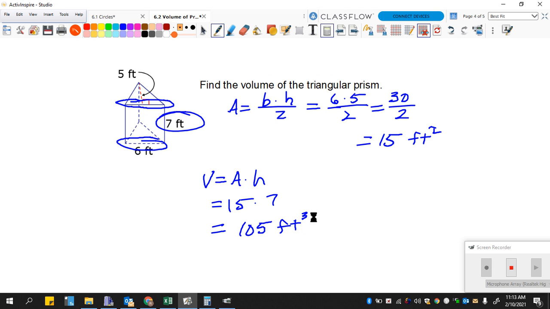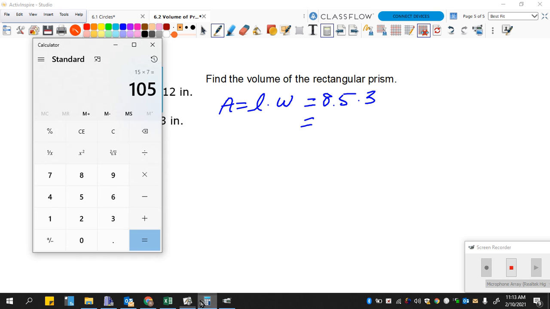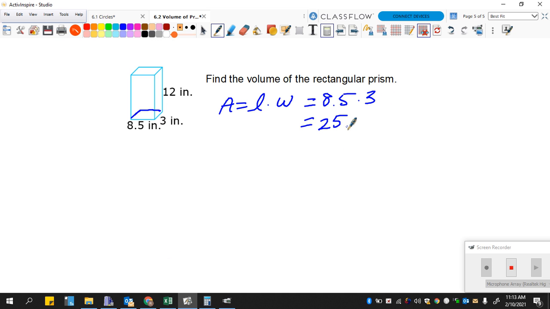And the last one, find the volume of the rectangular prism. Here the base is a rectangle. Remember, area is length times width, which in this case would be 8.5 times 3. 8.5 times 3 is 25.5 square inches.